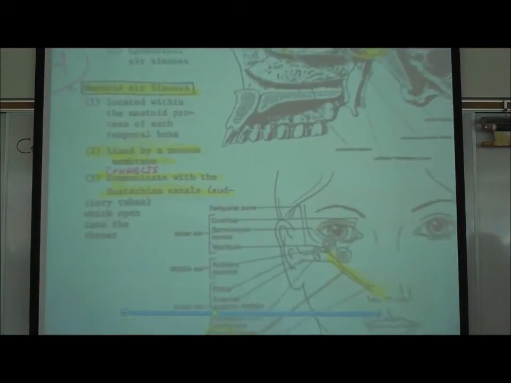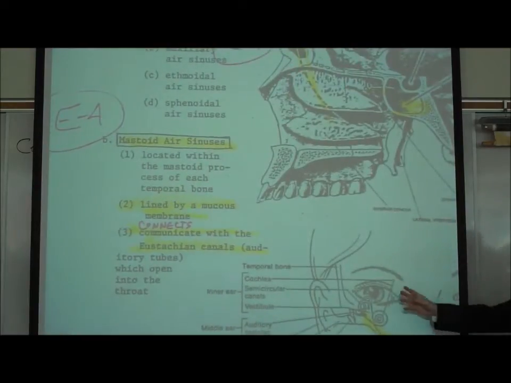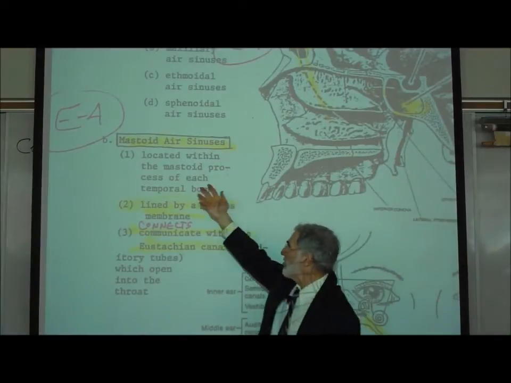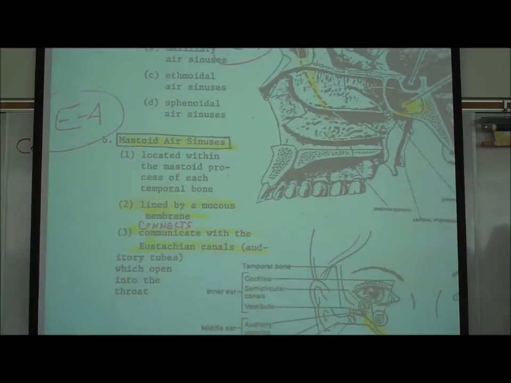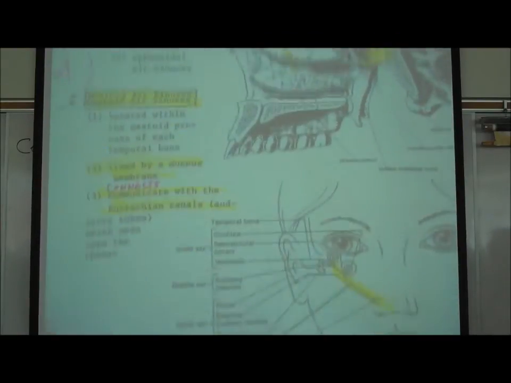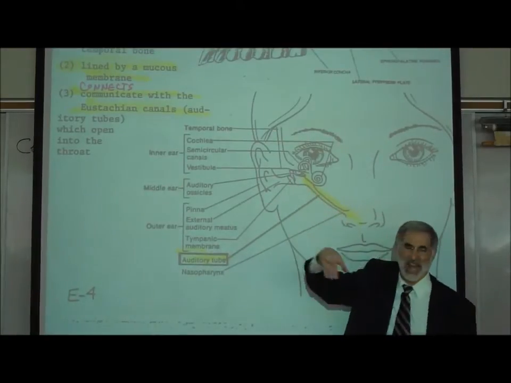in addition to the 4 paranasal sinuses, there is the mastoid air sinus. It is a hollow cavity within the mastoid process of the temporal bone, and it communicates or connects with the eustachian canals. In this picture, they try to show what a eustachian canal is.